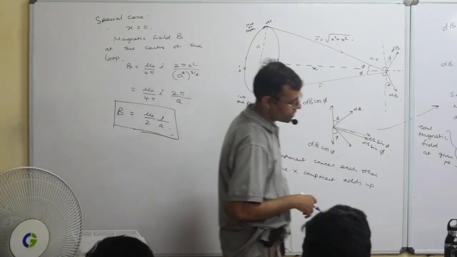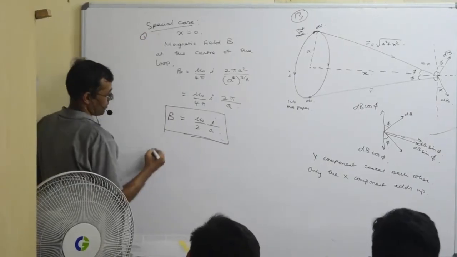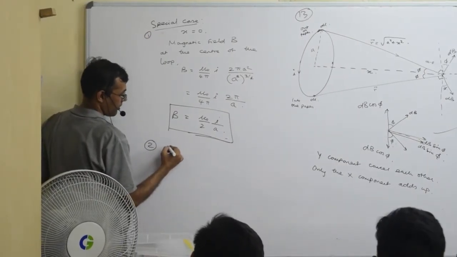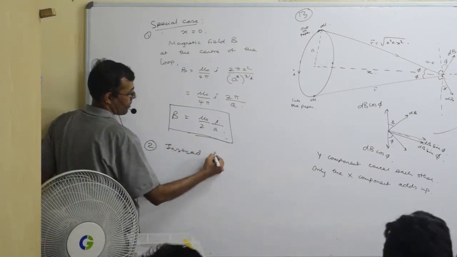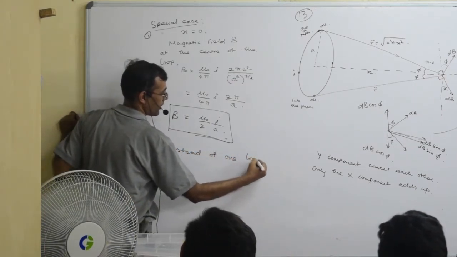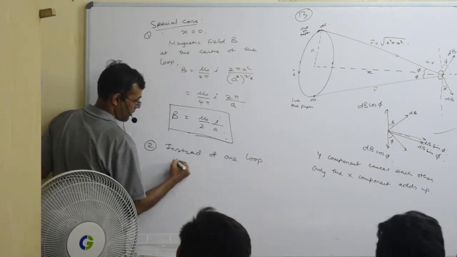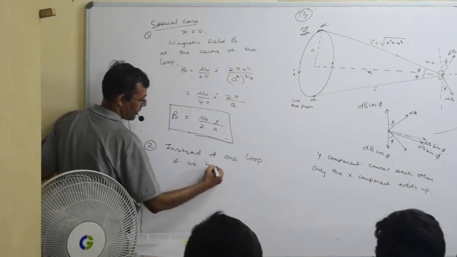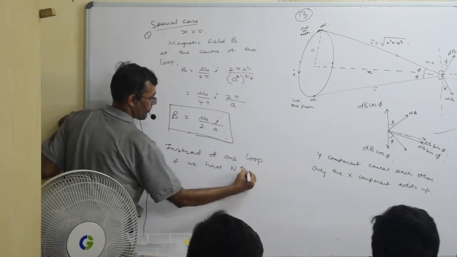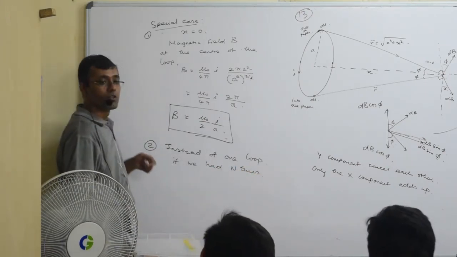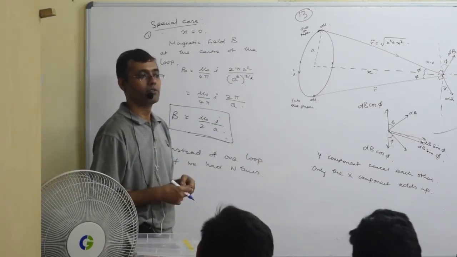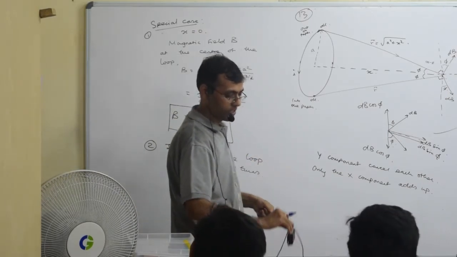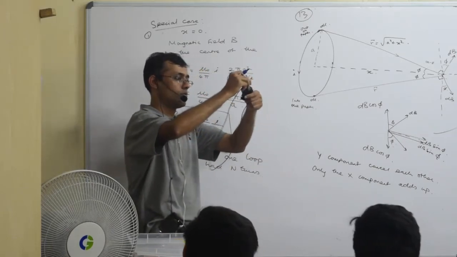Again, what is the question number here? 13. That was the first case. The second case is instead of one loop, if we had n turns, you simply have to multiply that result by n, because imagine that the loop was not just one single wire.